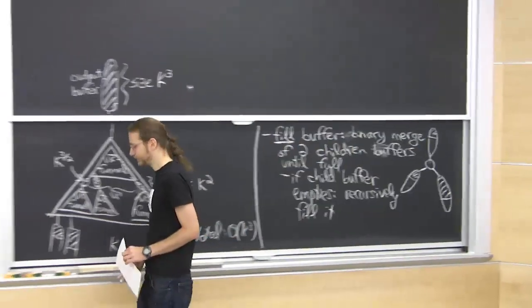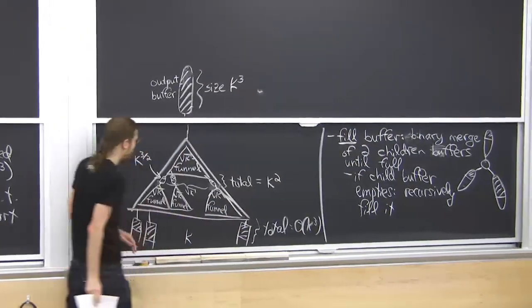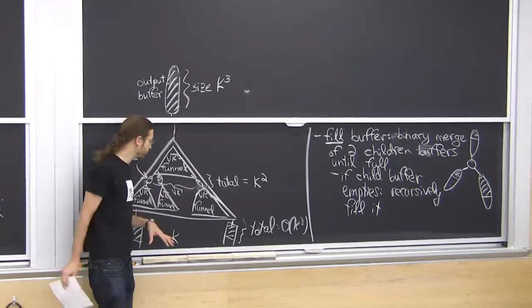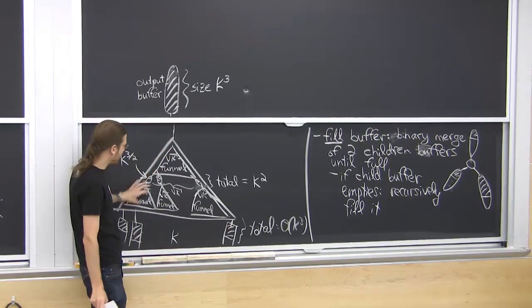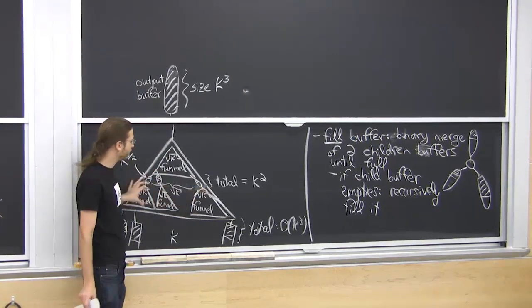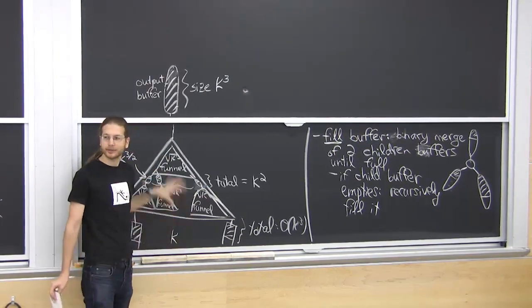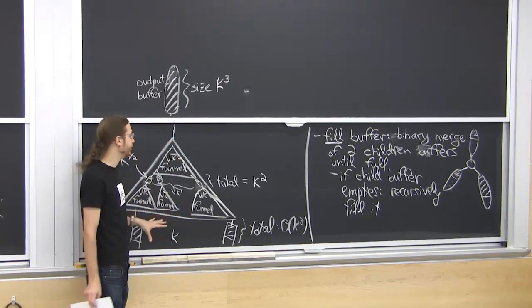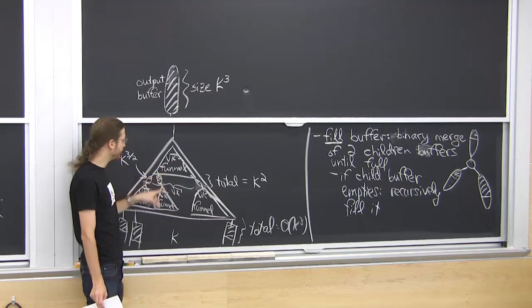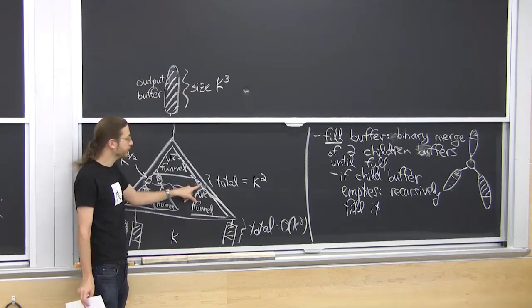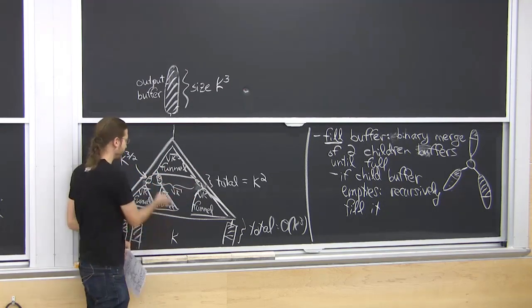There should only be two child buffers. The question is, are there more than two? This recursion of the root k and root k child triangles of size root k is exactly the recursion we did in a binary tree. I didn't say, but underlying this is a binary tree. The only difference between this and a van Emde Boas layout is we're adding these buffers. So I intended to draw this as binary.